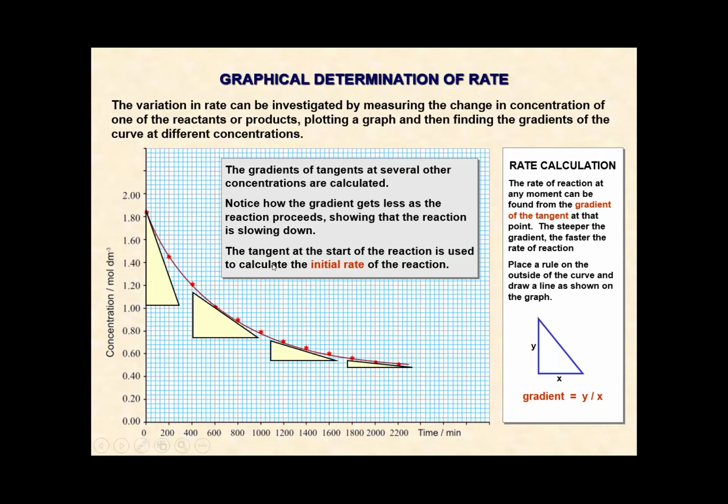If you are going to make a tangent at t is equal to 0, that will be the initial rate, right? So the new word I am adding is the initial rate. The rate calculated when time is 0, that is called the initial rate.